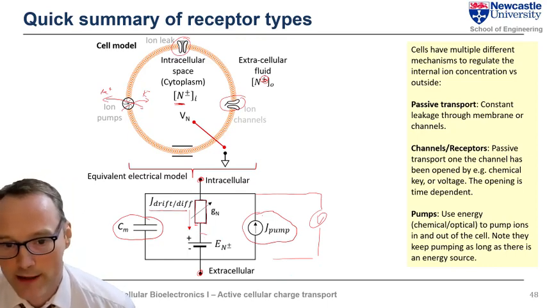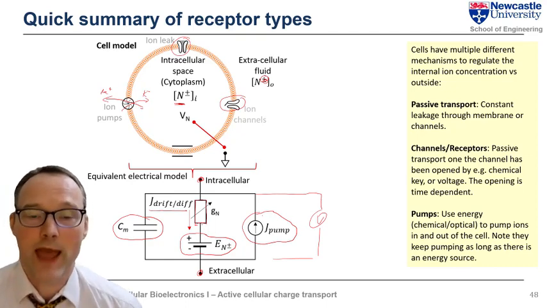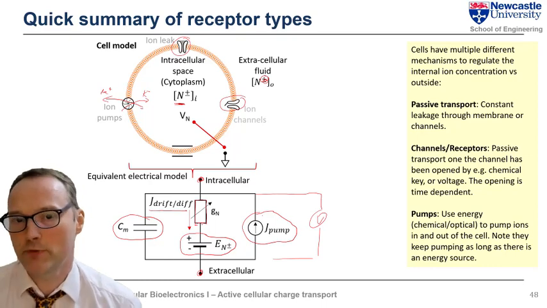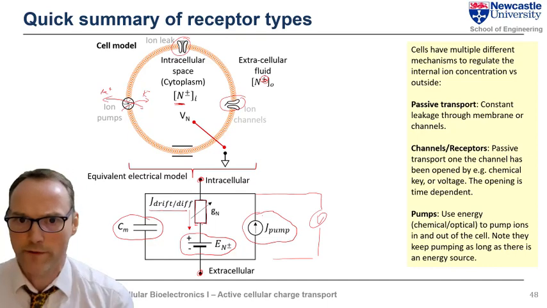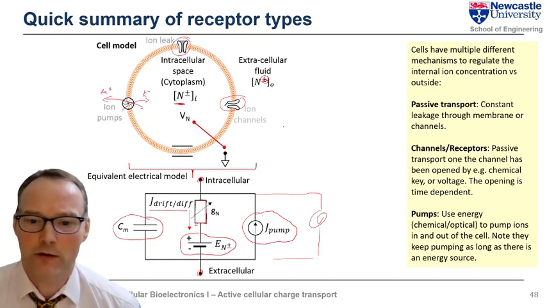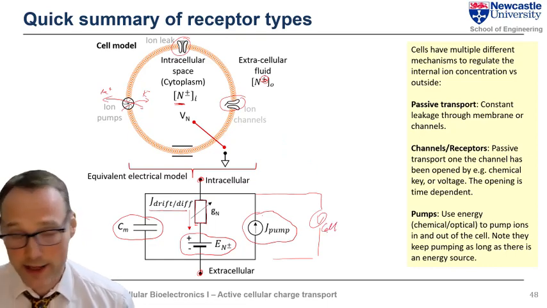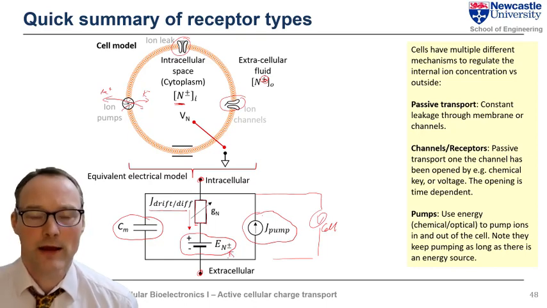And then finally, for a particular ion, we can think of a voltage built up just due to that component, not all of the components. And this is our particular model. So this is the voltage of the cell in total. This is the voltage due to the individual ion.